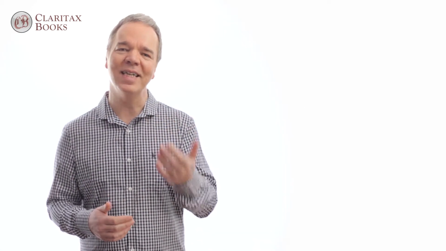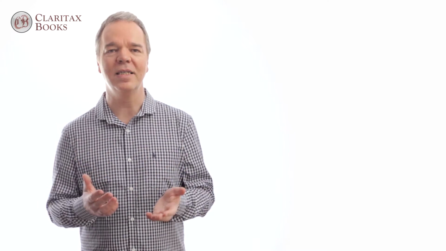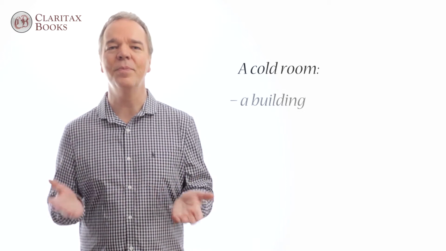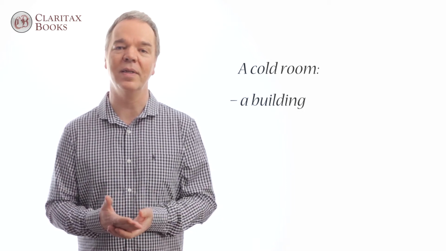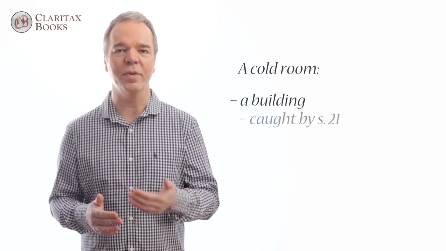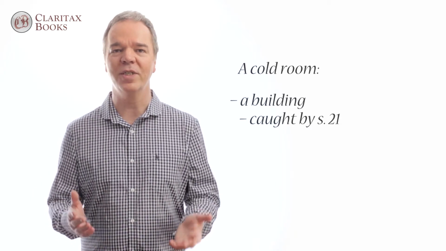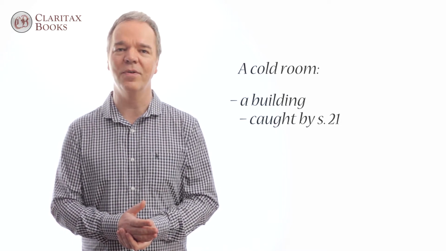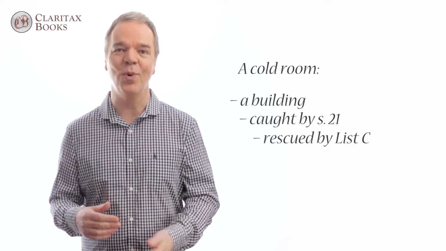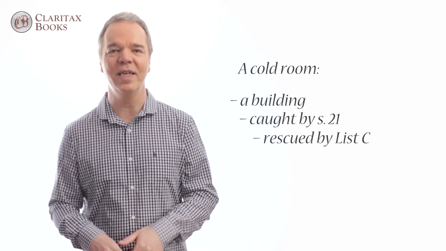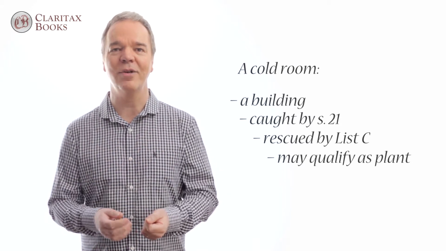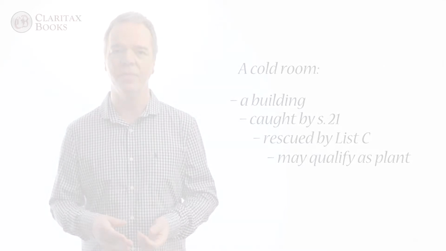But it does not necessarily follow that the item in question qualifies as plant or machinery. A cold room, for example, is clearly a building or incorporated in a building. As such, it is caught by section 21, and if that were the end of the matter, no plant or machinery allowances could be given. However, section 21 is subject to section 23, and so we can search for a let-out clause in that later section.